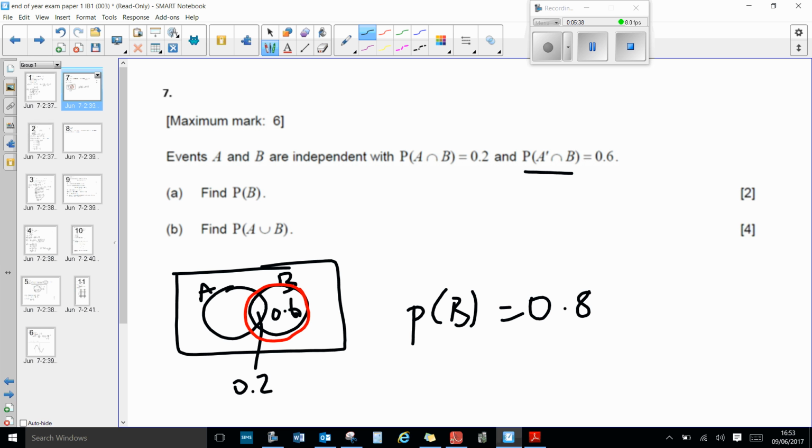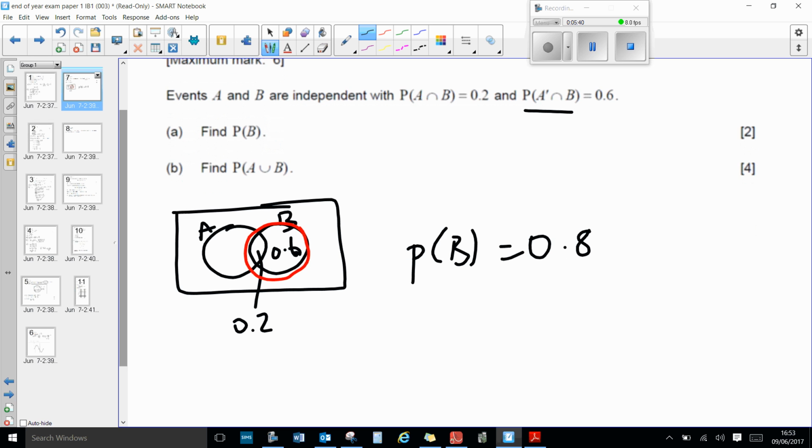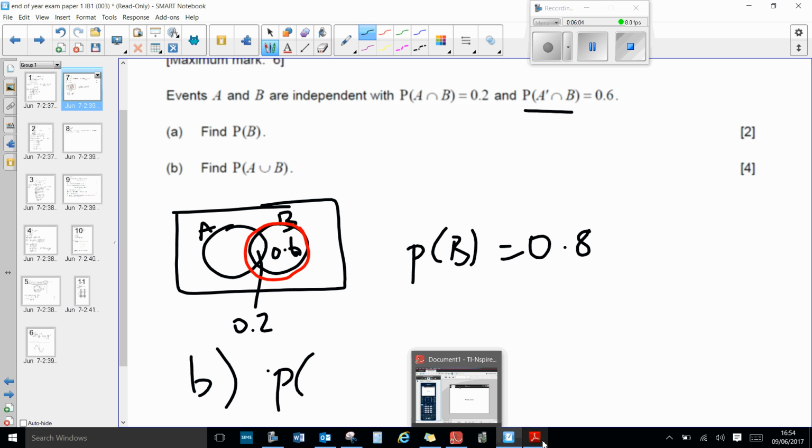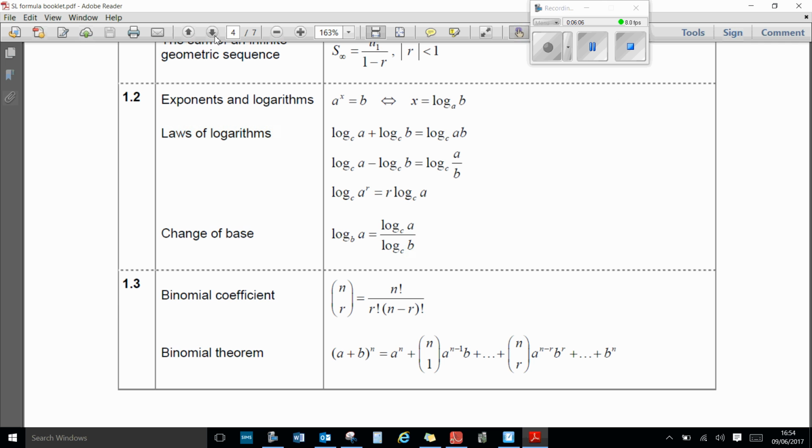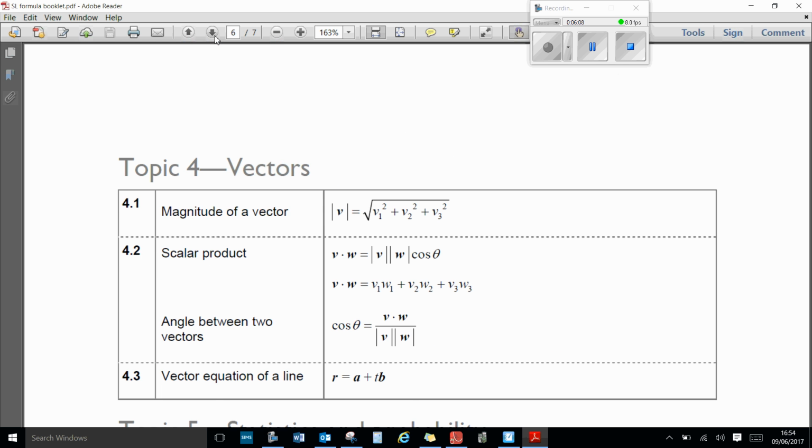For part b, A union B. Because we know it's independent, let's remind ourselves from the formula book.